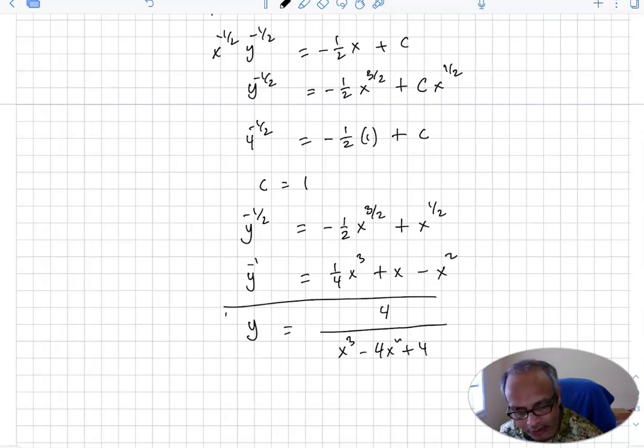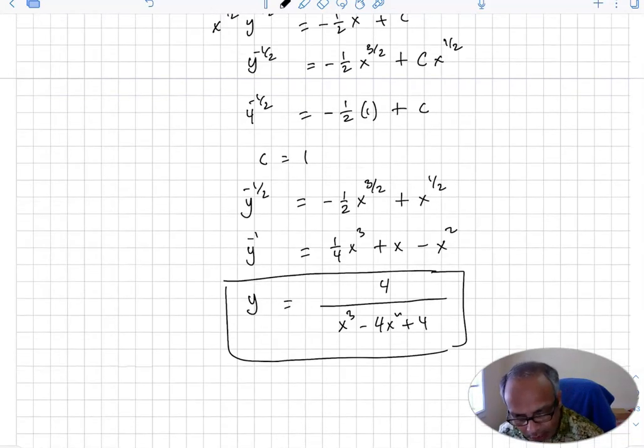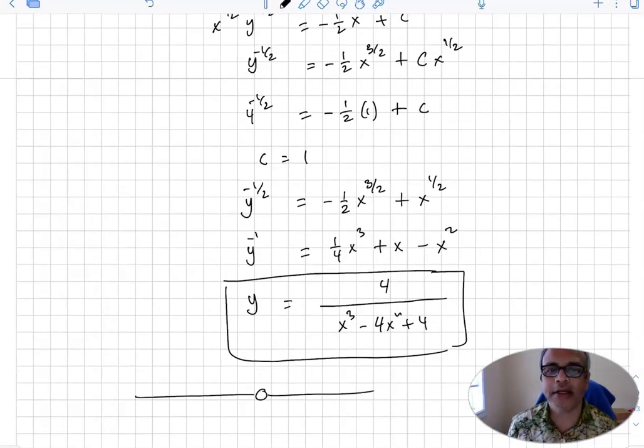So that's your final solution. I hope you enjoyed the demonstration. We have looked at the Bernoulli equation, and the idea is you use a Bernoulli substitution to convert the Bernoulli equation into a linear first-order differential equation.